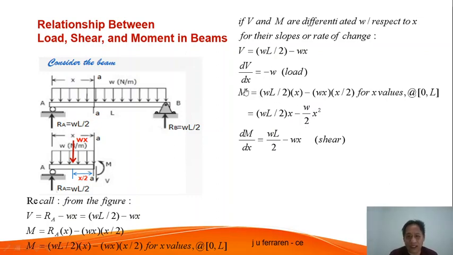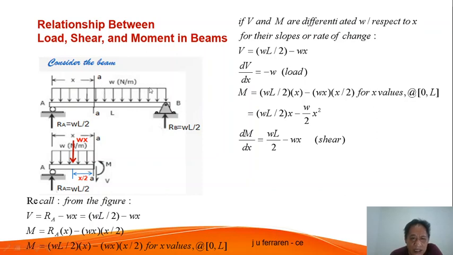Taking the derivative of M with respect to x, the derivative of x becomes 1, so the constant coefficient remains from the first term. The derivative of x squared is 2x, so the 2 is eliminated, and what is left is Wx for the second term.